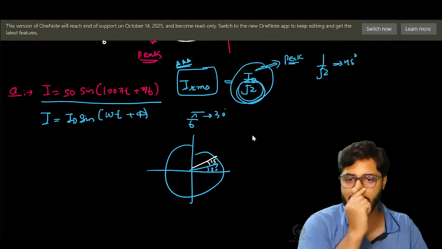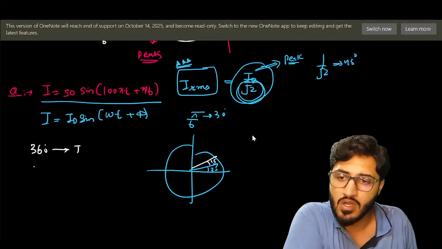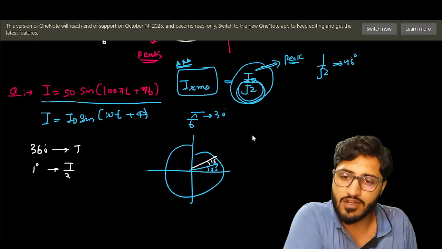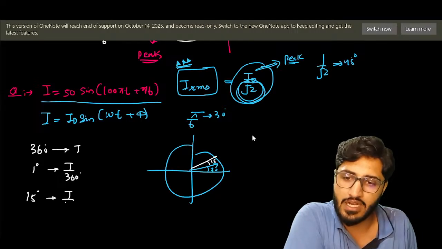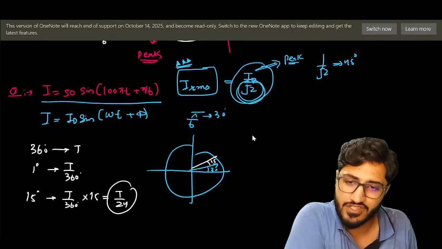So if 360 degree gives T, 1 degree gives T by 360. So 15 degree gives T by 360 multiplied by 15, which equals T by 24 seconds.